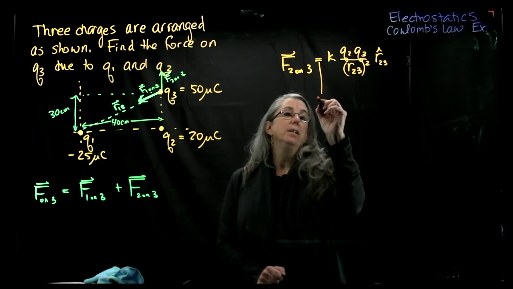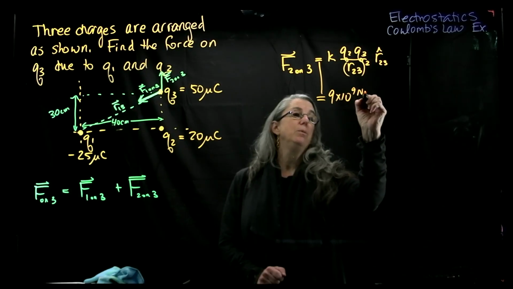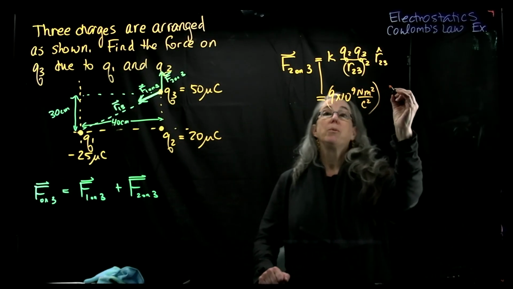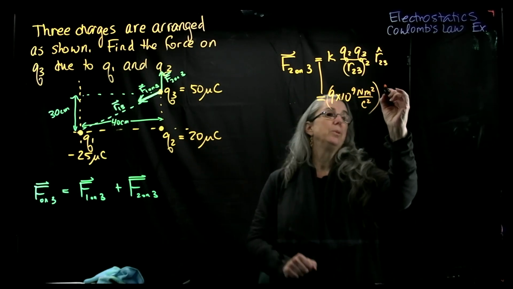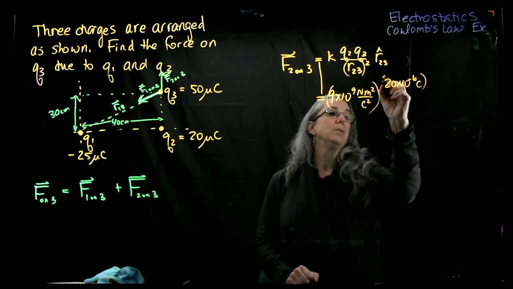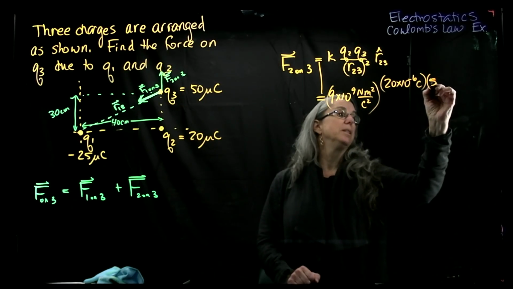Plug all that in. We have 9 times 10 to the 9th newton meter squared over coulomb squared. Both of them are positive. Q2 is 20 times 10 to the minus 6th coulombs. Q3 is 50 times 10 to the minus 6th coulombs.